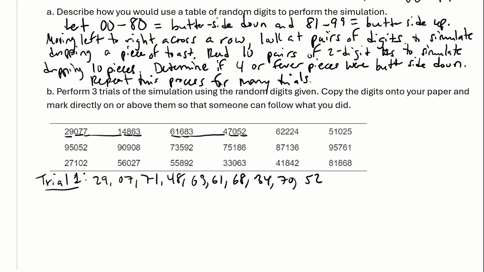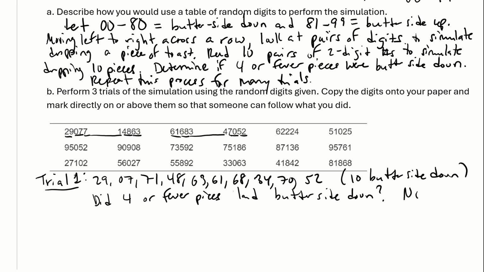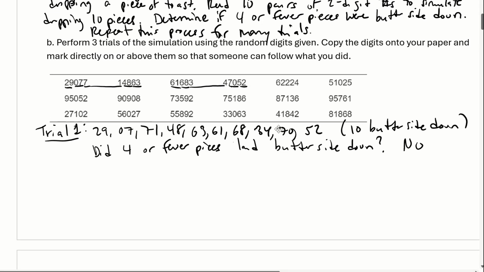So in this case, I'm just going to put 10 butter side down. So did 4 or fewer pieces land butter side down? We're going to say no, right? For the first trial.